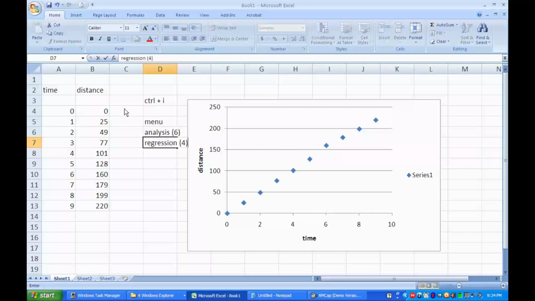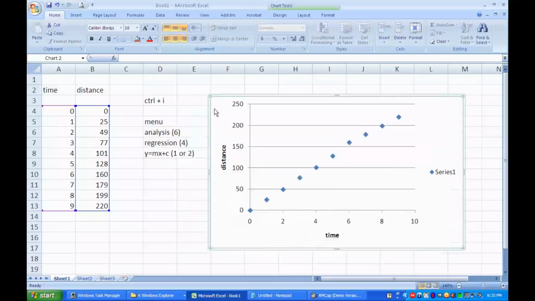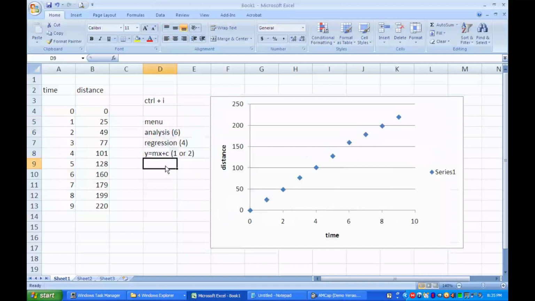I believe that's the 4th option. And then you'll want to pick either the first or the second option. It'll be something like y equals mx plus c, 1 or 2. So if you're trying to get a line of best fit, that's the series of buttons you want to press and the menus you want to navigate to bring up a trend line on here.